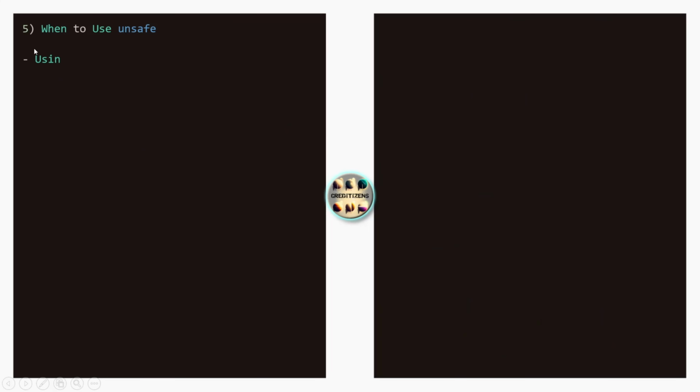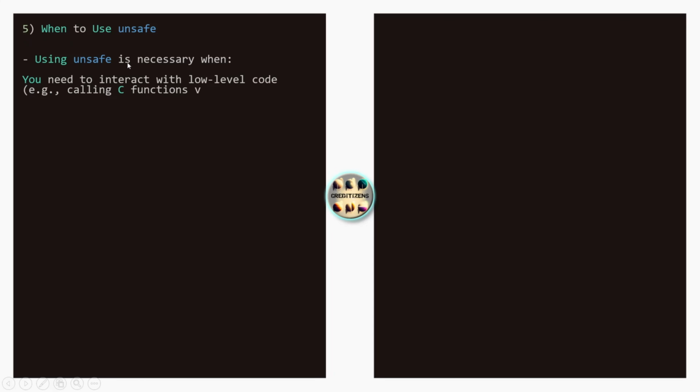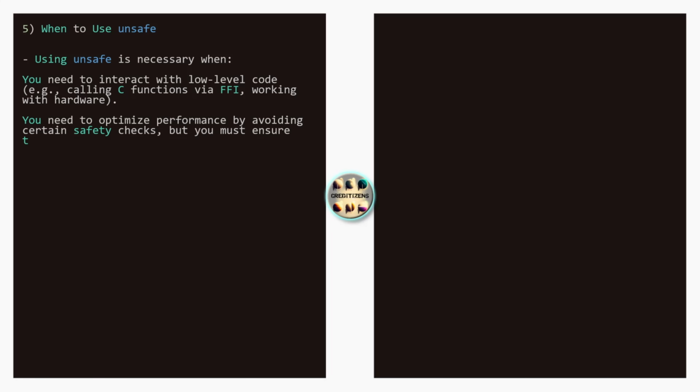When to use unsafe? Why would I use unsafe actually? Using unsafe is necessary when we need to interact with low-level code, which is not me, I'm not going to do that. For example calling C functions via FFI, working with hardware. Yeah, that's when we want to be close to the hardware.